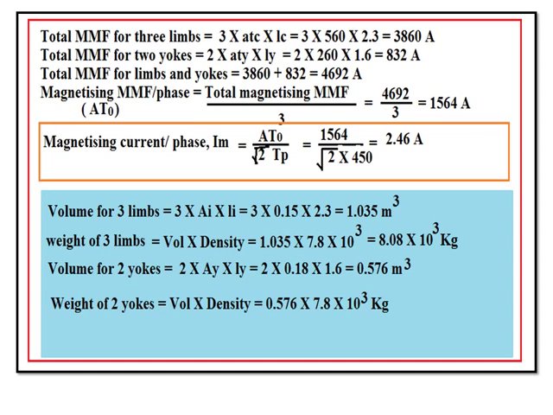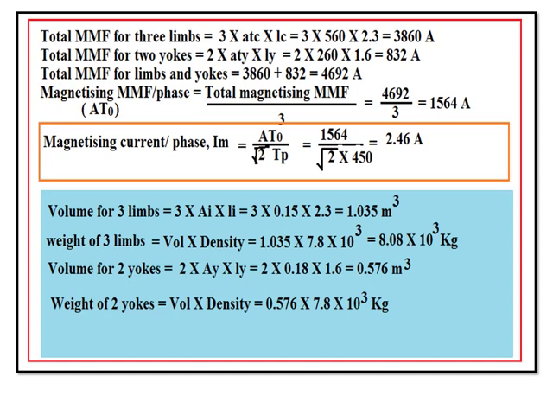That value we are getting as 832. Then MMF for joints, the data is not given, so you can assume that it is 0. Hence, from the earlier expression, total MMF equals MMF for limbs plus MMF for yokes plus MMF for joints. MMF for joints is taken as 0. So MMF for limbs and yokes is 4692.